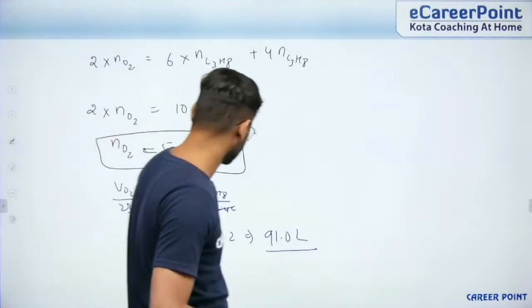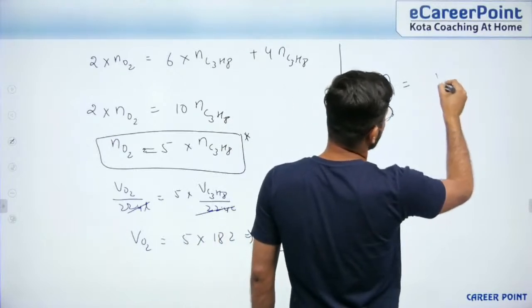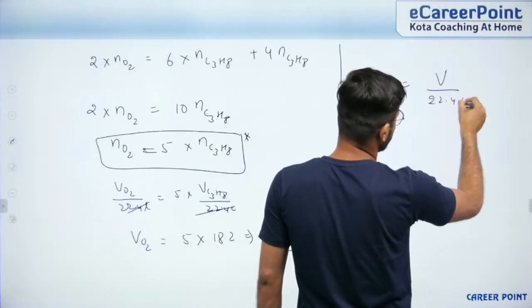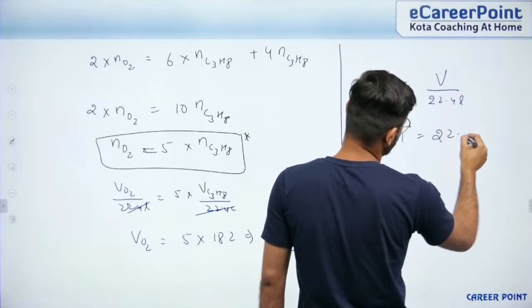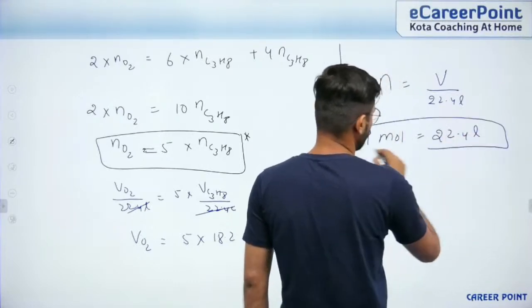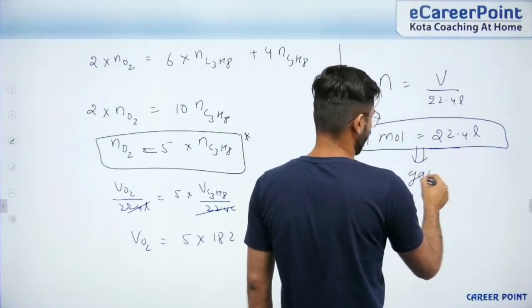The formula of number of moles is volume given upon 22.4 liter, because 1 mole of gas contains 22.4 liter of gas.